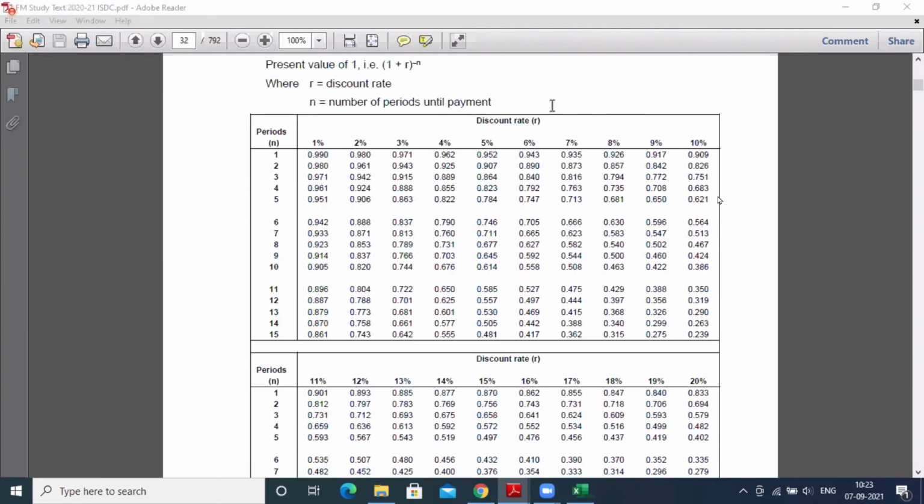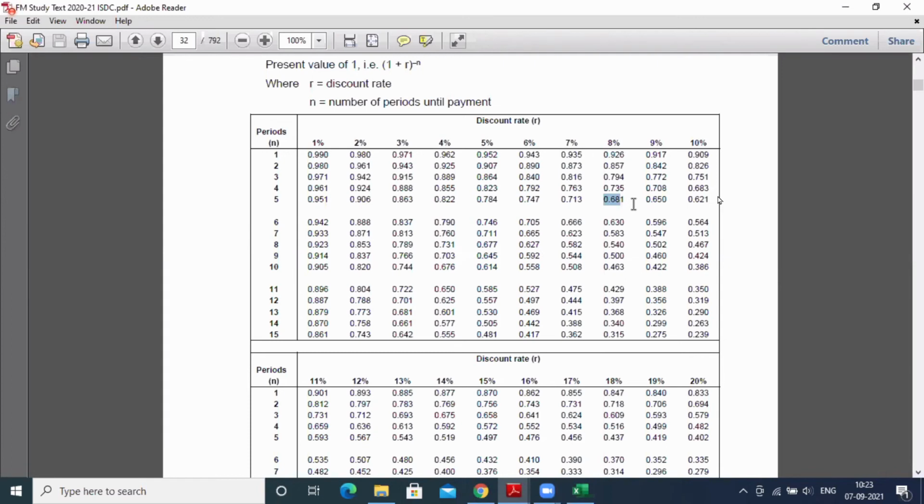Suppose this kind of table will be provided in your exam. Suppose the cost of capital is given at 8%, so the discount factor for the first year is 0.926, second year 0.857, third year 0.794, fourth year 0.735, and 0.687.